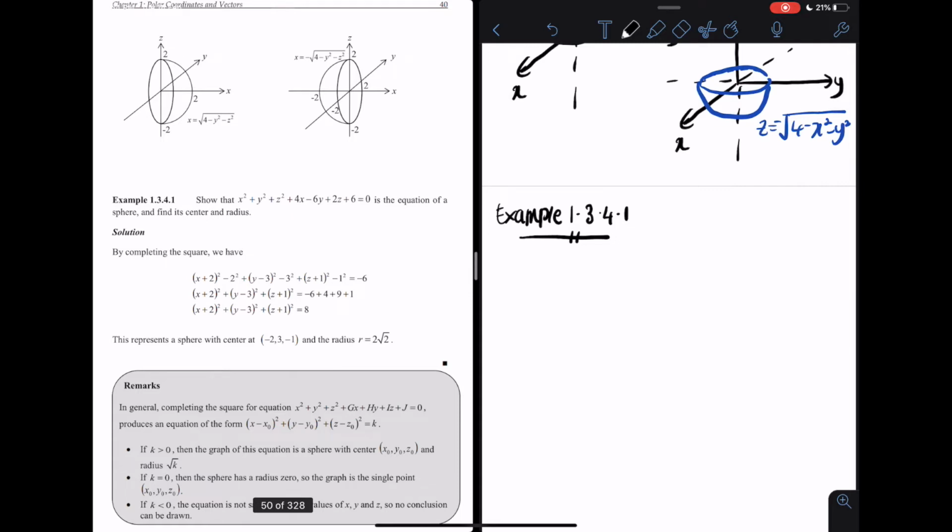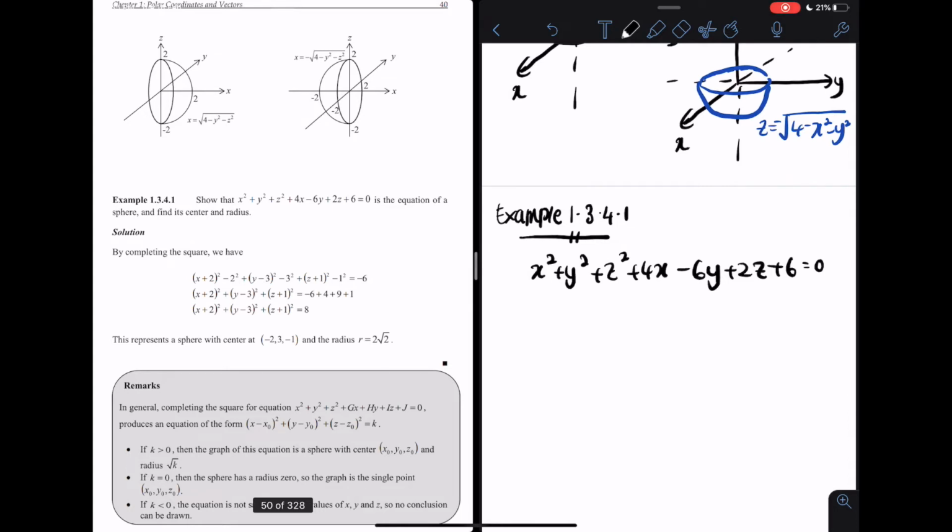So you have been given this equation: x squared plus y squared plus z squared plus 4x minus 6y plus 2z plus 6 is equal to 0, written in its general form. The question asks you to show that this equation gives the standard form of an equation that represents a sphere.